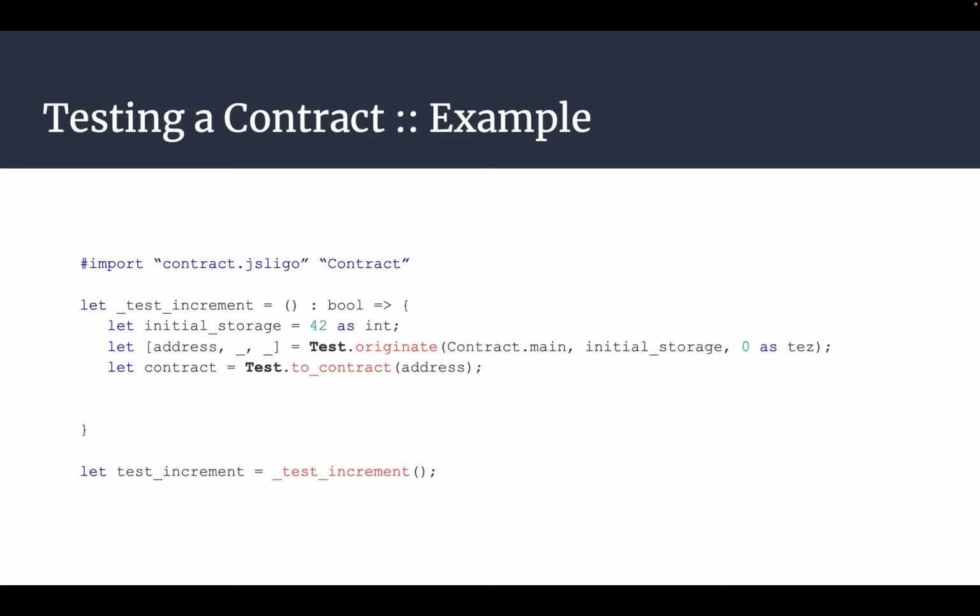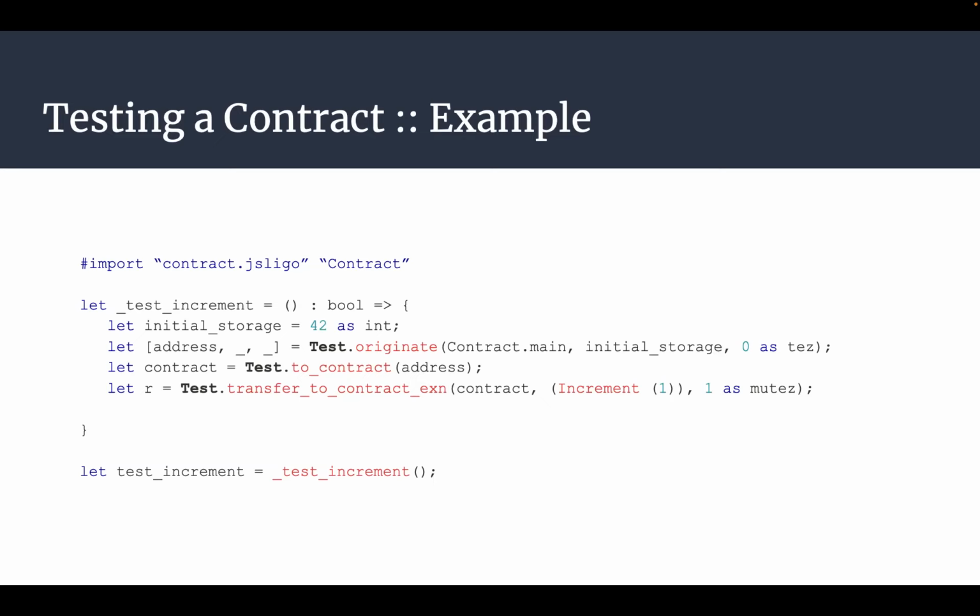Then after, what you can do is retrieve. Once you do the origination, you have what we call an address, and thanks to the address and the function called to_contract, you can retrieve the contract, just calling the function Test.to_contract with the address as a parameter, and then you have the contract. Once you have the contract, you can do some transfer, and here, for example, you can use the function transfer_to_contract_exn.